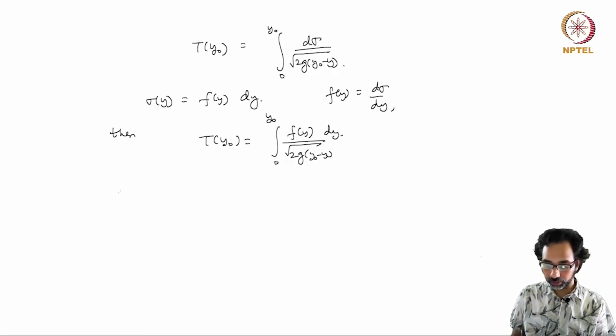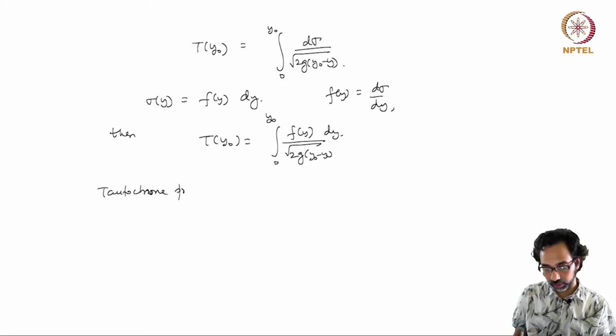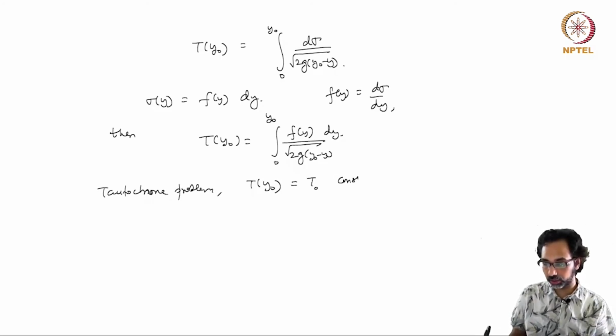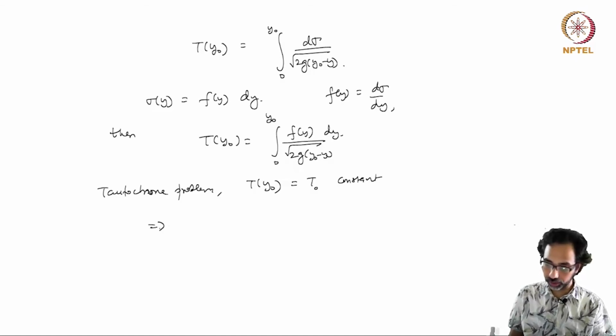And in the tautochrone problem, T of y0 is a constant value T0, because it does not depend on the height y0.